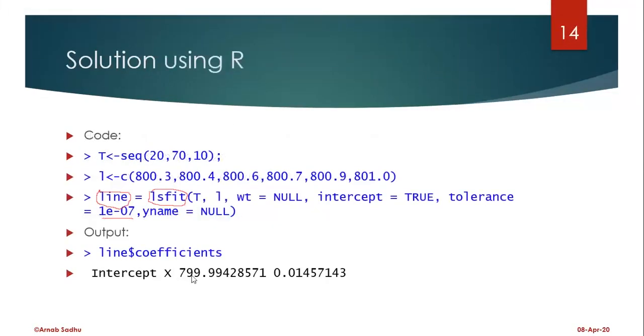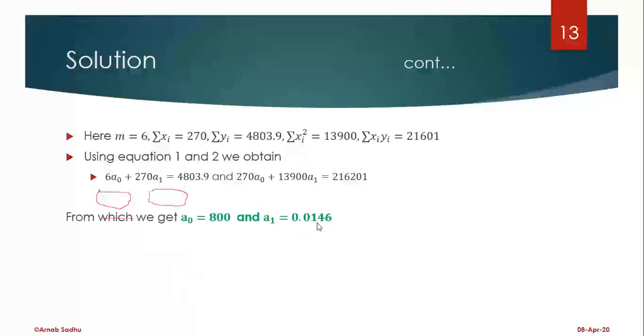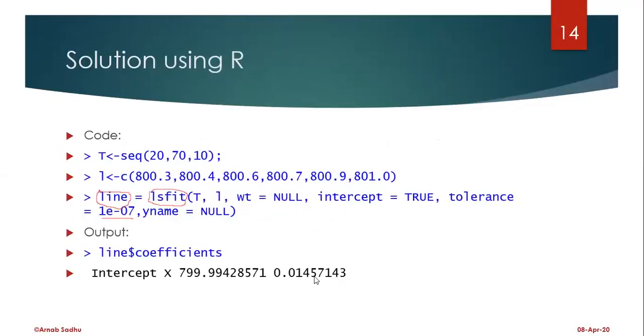Here I found a0 is equal to 799.99, which is nearly 800, and a1 is 0.0146. Exactly, I get 0.01457, which is again very close to 0.0146. So this is how we solve linear curve fitting with the help of R.